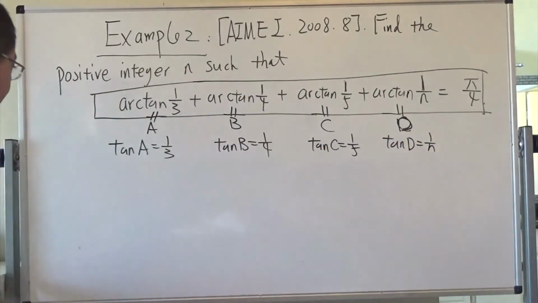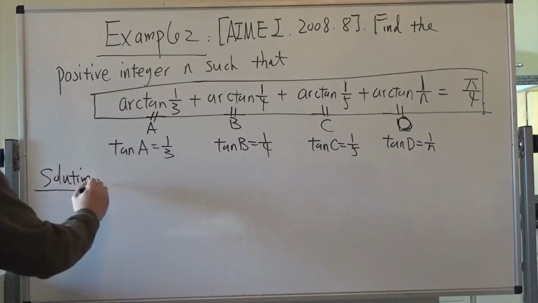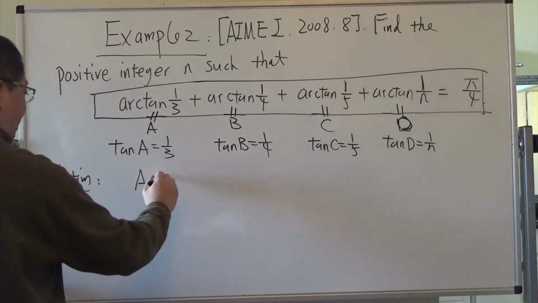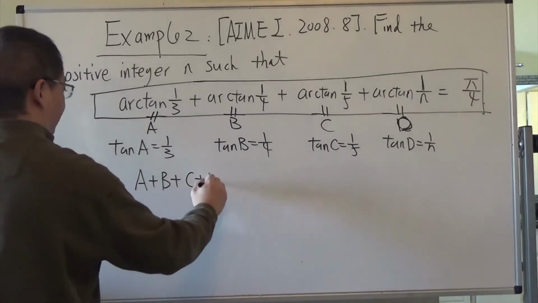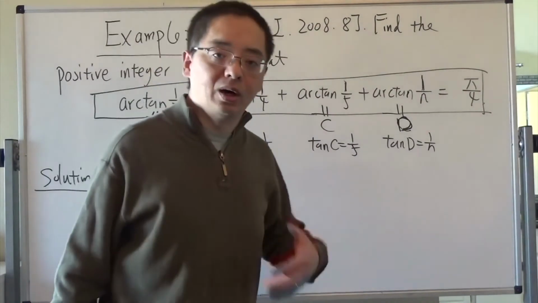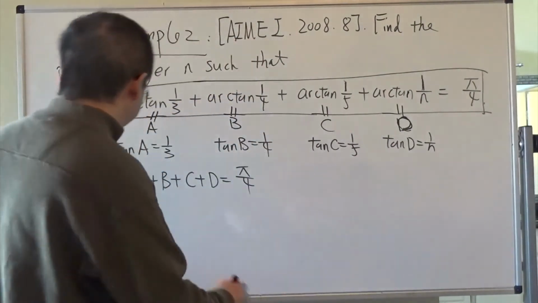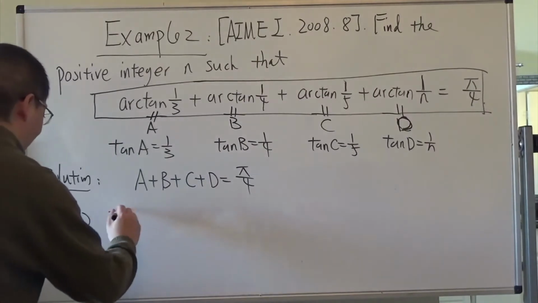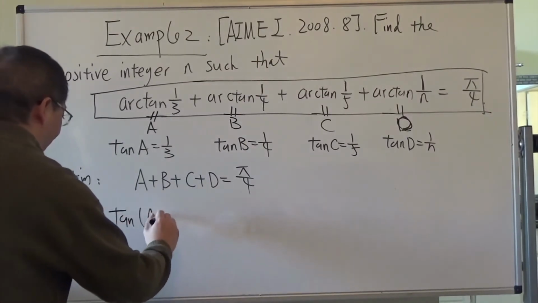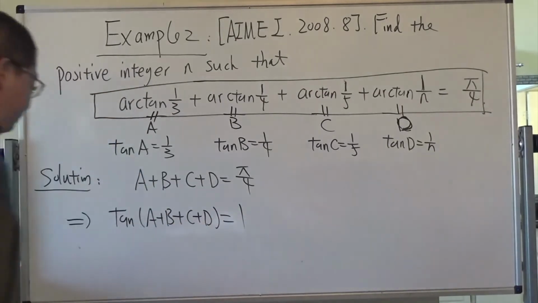What do we want? What we need is A plus B plus C plus D equals pi over 4. Because we know these tangent values, it's natural to take the tangent on both sides. From here, I get tangent of (A plus B plus C plus D) equals 1.